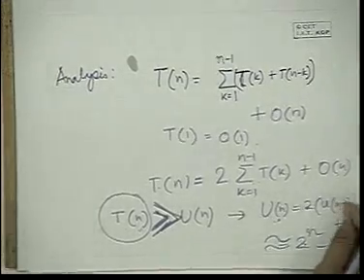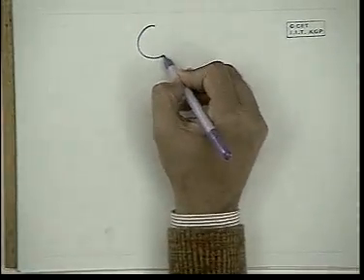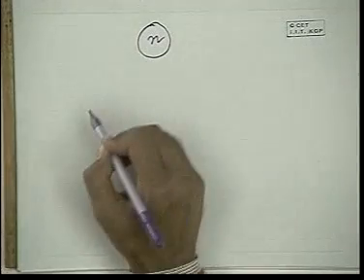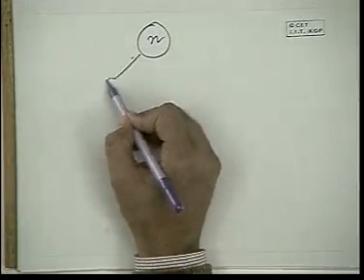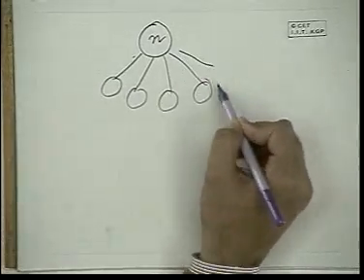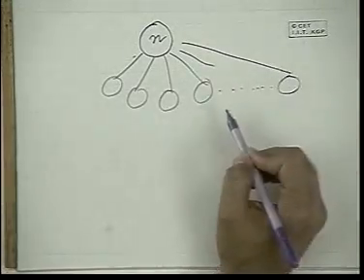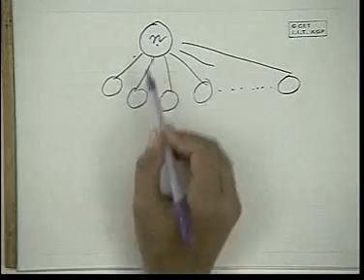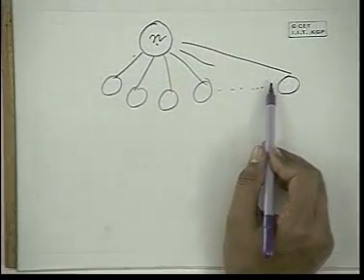But let us see, suppose I represent this entire thing pictorially, we had a call with n elements. These n elements gave how many calls? Each recursion, if I represent it like a tree, a node in the tree, this call gave almost n number of calls, right?